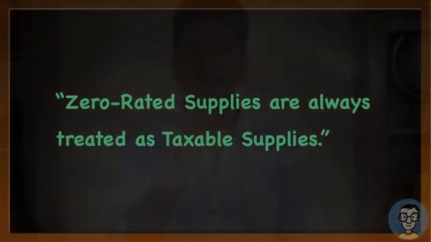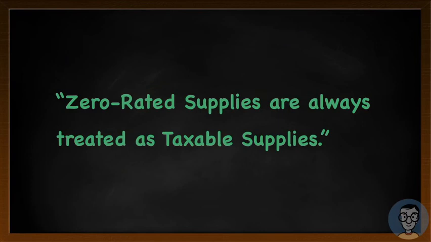There is no GST only because he is exporting it. So that does not mean that it is not a taxable supply. So write it down somewhere that zero rated supplies will always be treated as taxable supplies. So there should not be confusion anymore.